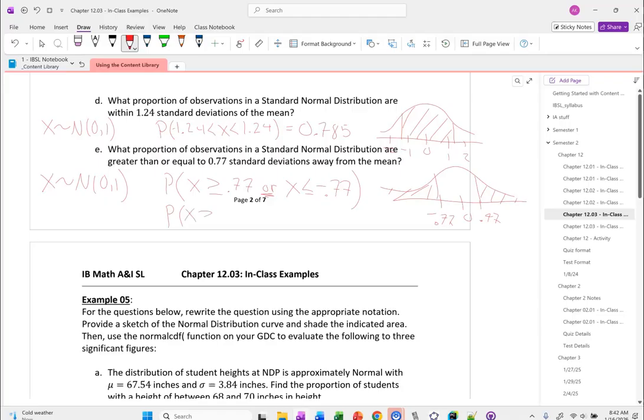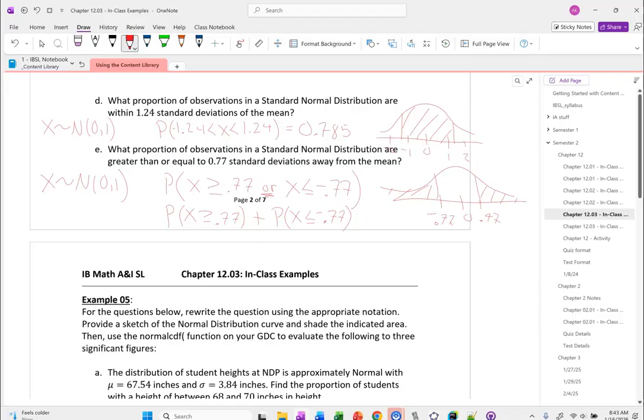So I would do this as two separate probability computations, because you're just calculating this area and then this area and adding them together. Does that make sense? Yeah. So do that on your calculator. And what should we be able to say about these two areas? They're equal. Why is that, Lucy? Because it's a symmetric distribution. So if you found one of them, you could just multiply it by 2, and that would be the same thing.